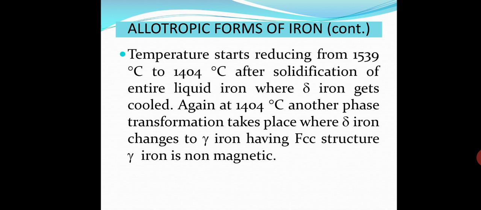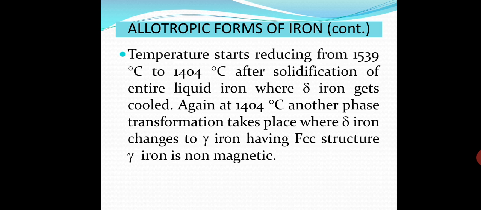Next, when the total amount of iron solidifies, its temperature starts reducing from 1539 degrees centigrade to 1404 degrees centigrade. Once the total liquid iron is converted to delta iron, its temperature reduces again, and at 1404 degrees centigrade the reduction of temperature freezes.